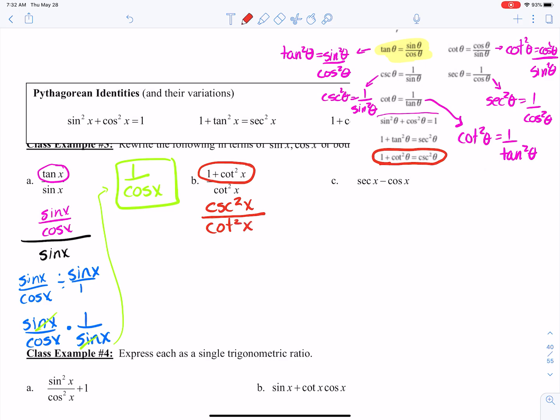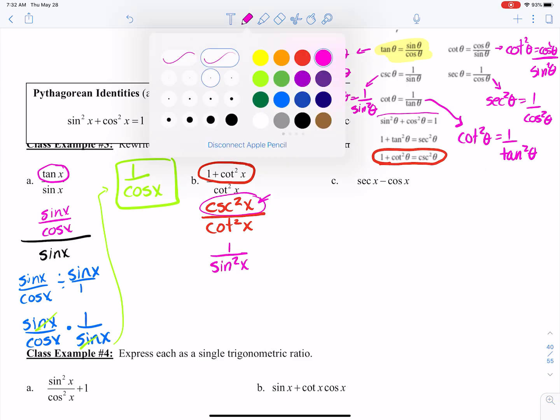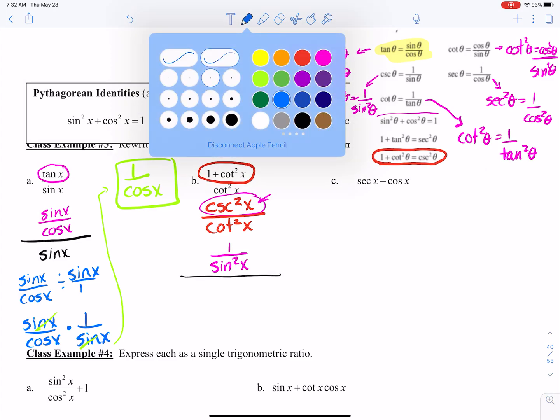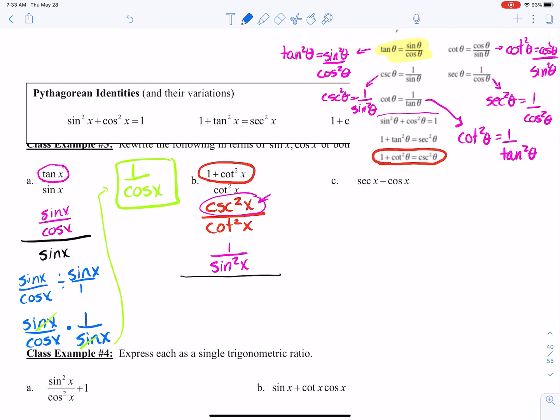So what I can do now is take this cosecant squared x and replace that with 1 over sine squared x, and it's all over, and we know that cotan squared x is equal to cos squared x over sine squared x.